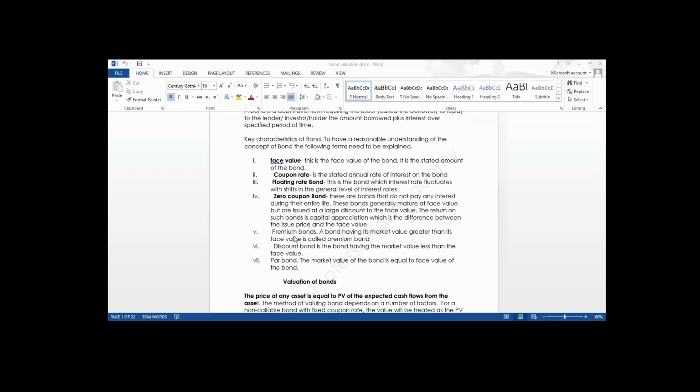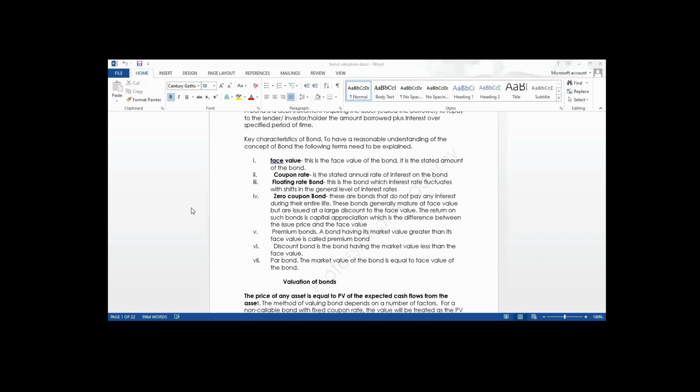How do we value bond? The method to be adopted will depend on the type of bond you are dealing with.